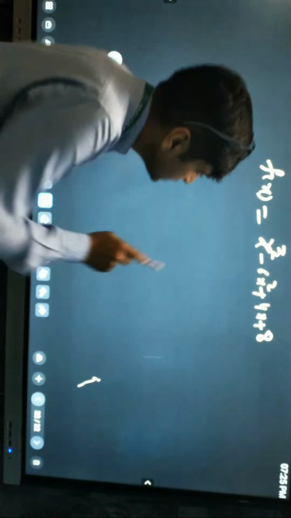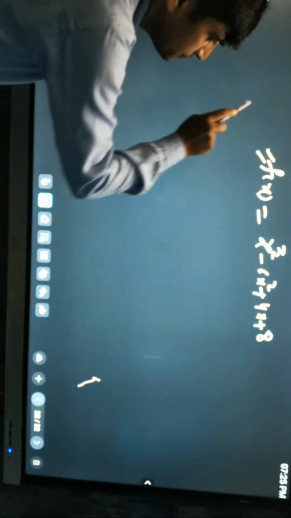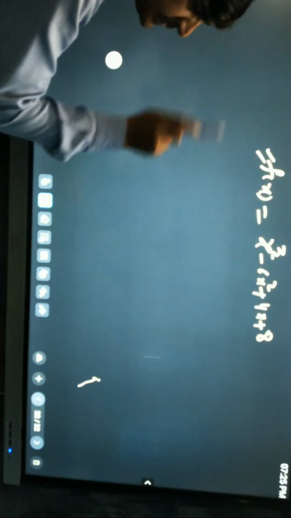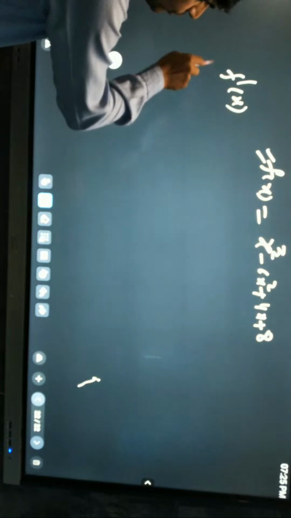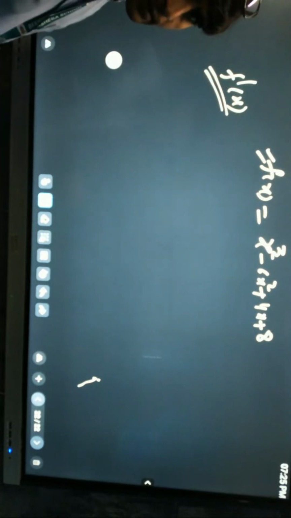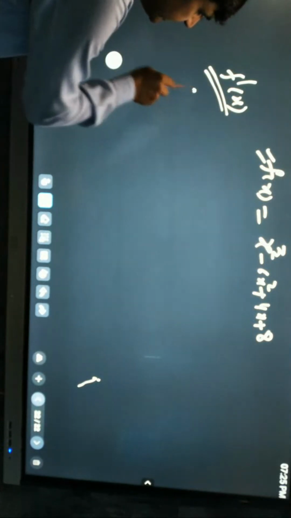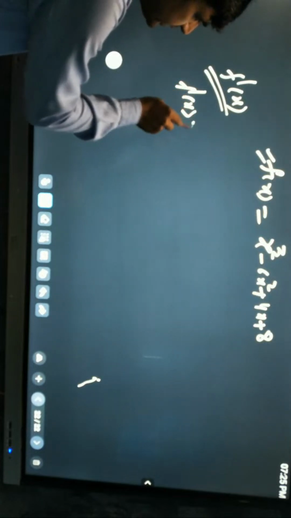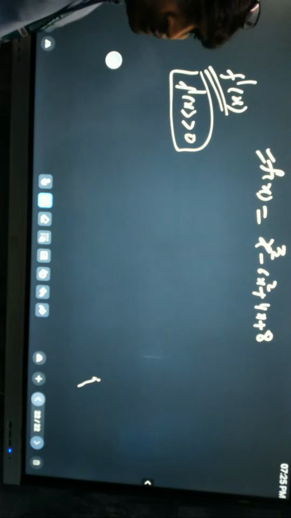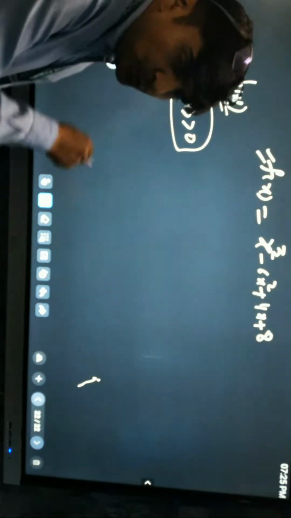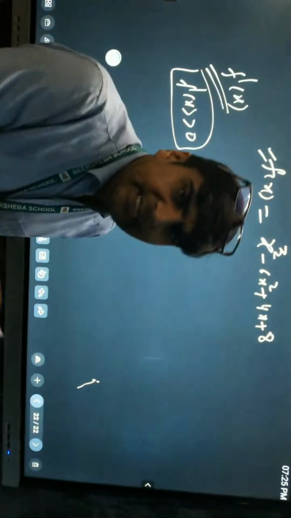Bachcho, for such problems, for finding increasing and decreasing, first we calculate the derivative of the function. We will also prove the formula for increasing and decreasing in the next class.